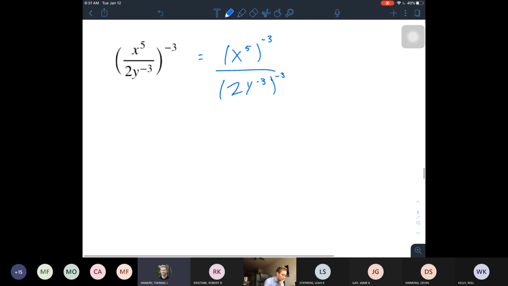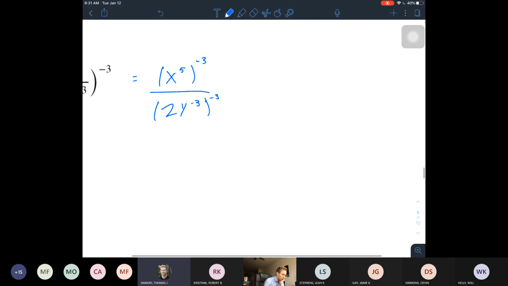Okay, now let's handle the numerator. We have a power to a power. We should multiply those powers. We should take 5 and -3 and multiply. We get x to the -15.